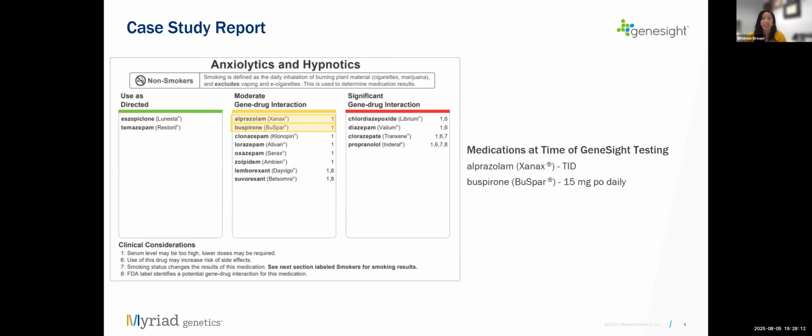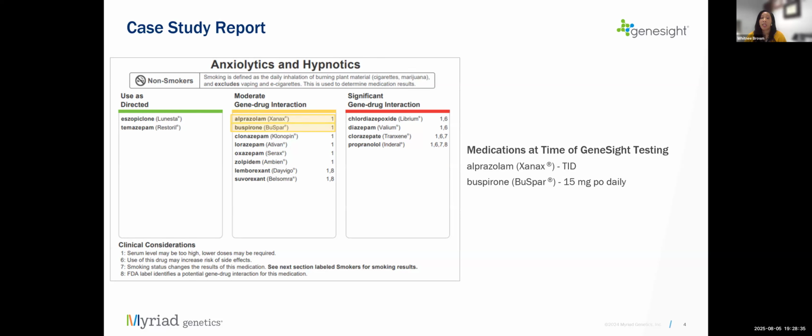Okay, next slide. So if you take a look here, you'll see under the moderate gene-drug interaction highlighted in yellow, you'll see Xanax or alprazolam, which is what she was currently on, as well as Buspirone or Buspar, the 15 milligrams daily. And you will see they both have a number 1 as well. Serum levels may be too high and lower doses may be required.